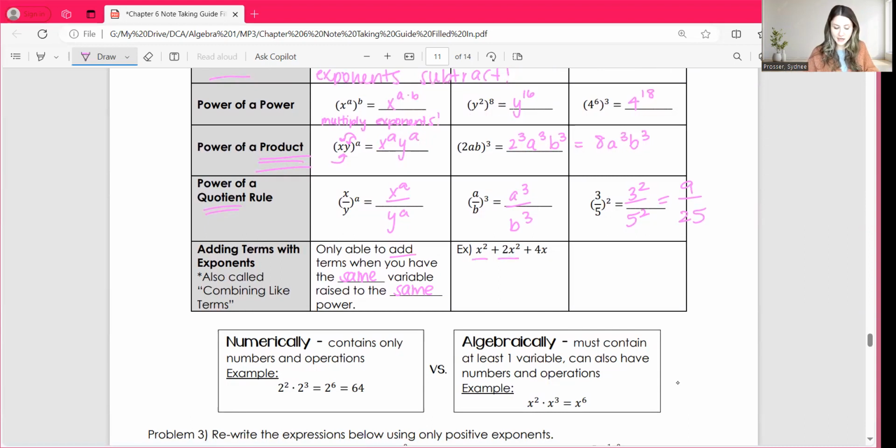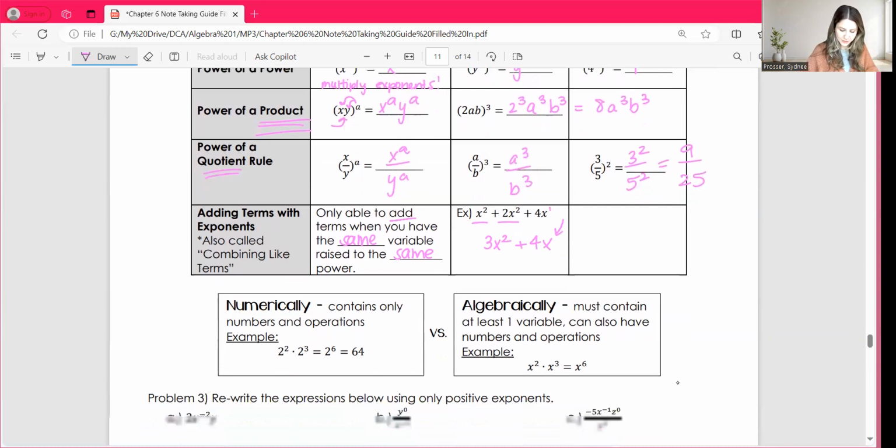I can only combine those two terms I underlined because they have the same variable x and they both are raised to the second power. So that's going to become 1x squared plus 2x squared is going to become 3x squared plus the 4x. I can't combine because notice it doesn't have the same exponent. That one has an exponent of 1.